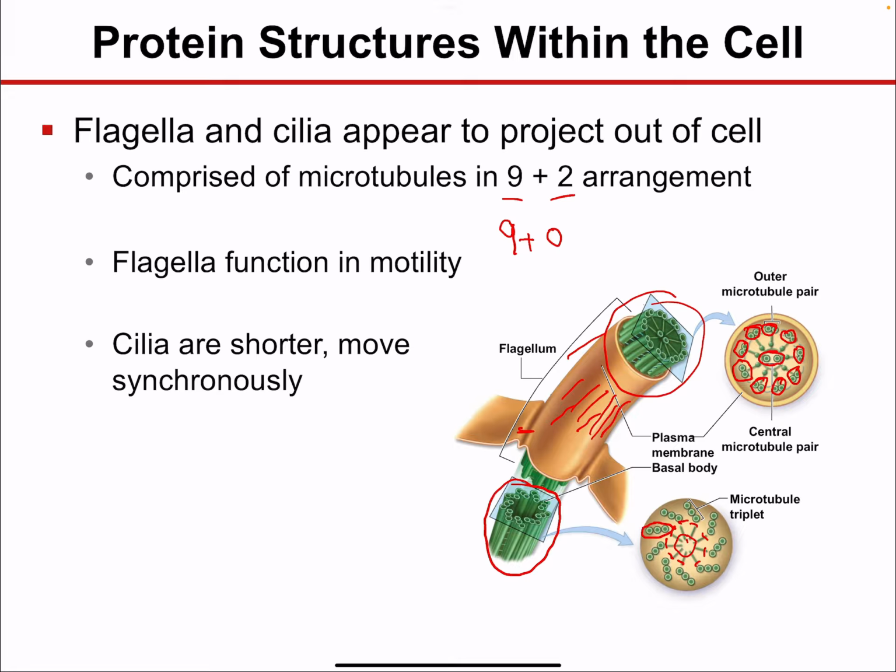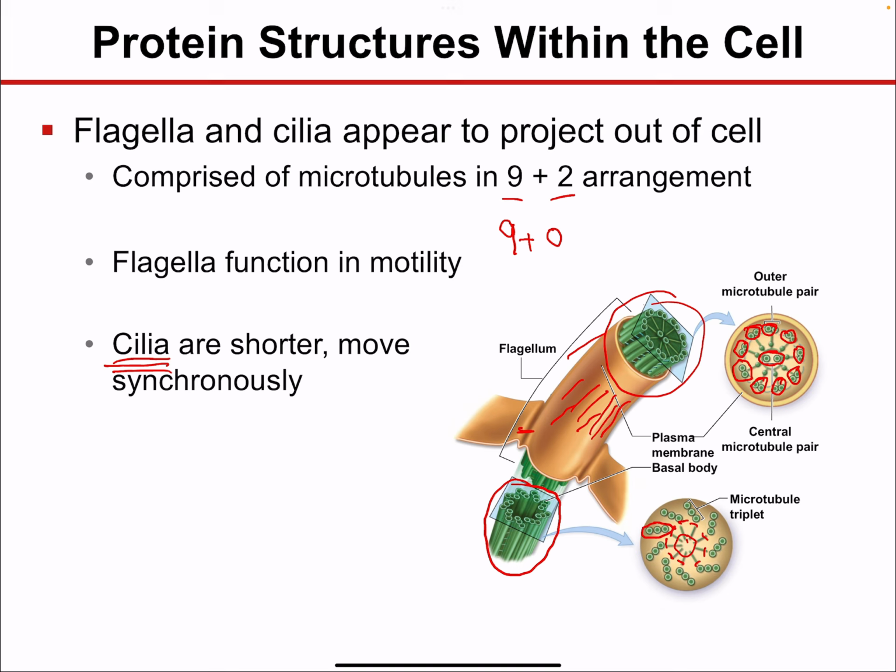Okay? So beside the flagellum, eukaryotic cells are going to have other appendages, including the cilia. The cilia are going to have the exact same organization. The difference, however, between the cilia in eukaryotic cell and the flagellum is that the cilia are way shorter.